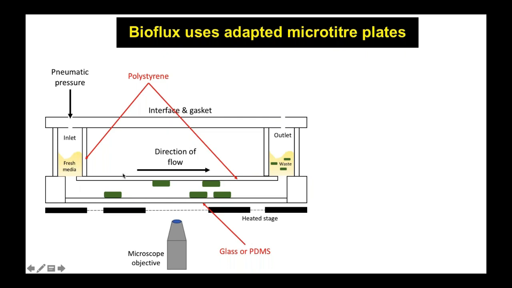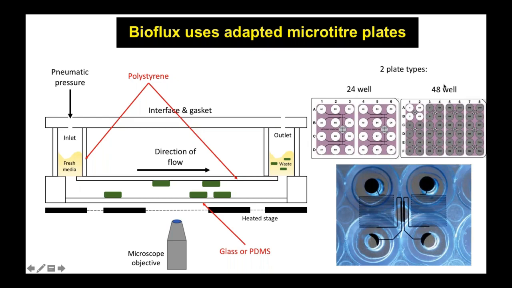The top surface is made of polystyrene, and the bottom surface, which is where you've got the viewing objective, is made of glass normally, but Fluxion are also developing a removable PDMS version, which might be useful for different analysis down the line. The plates come in two different forms, either 24 well or 48 well. The 48 well is the simplest, with one inlet and one outlet and the channel in between.